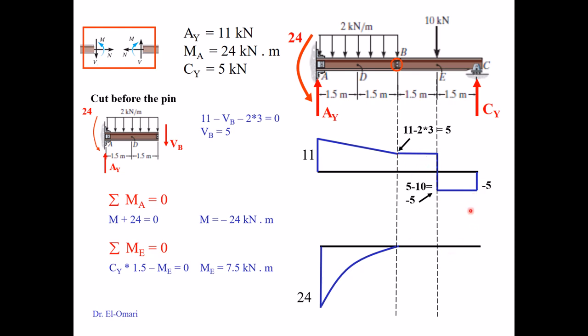So it is 5 times 1.5, and it's equal to 7.5, and it is positive. Then you plot the point and connect it with a linear, and this is 0, the moment is 0. Then I just connect this, and that's the constant, then this is linear, and you're done.